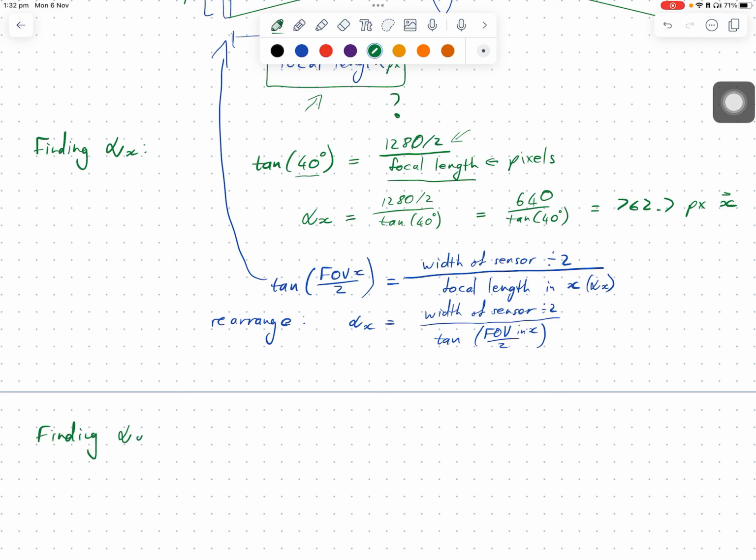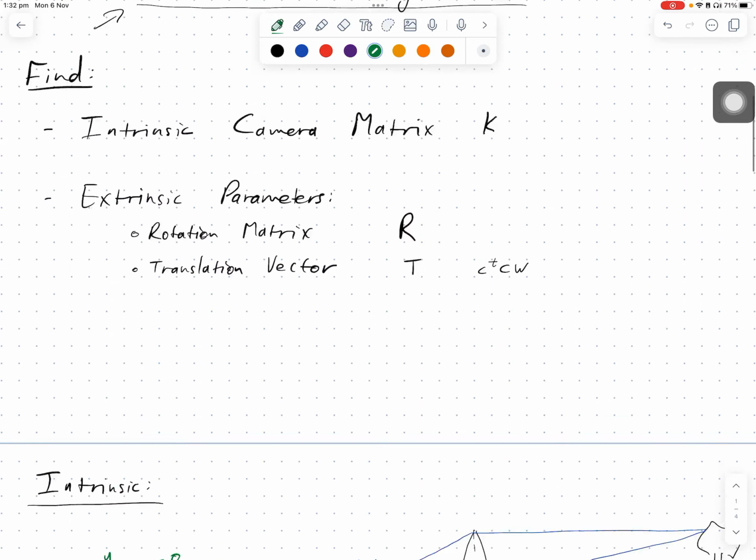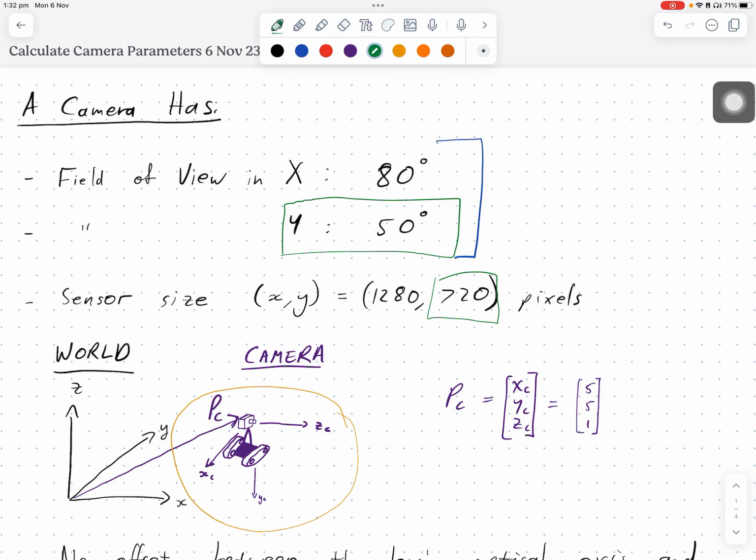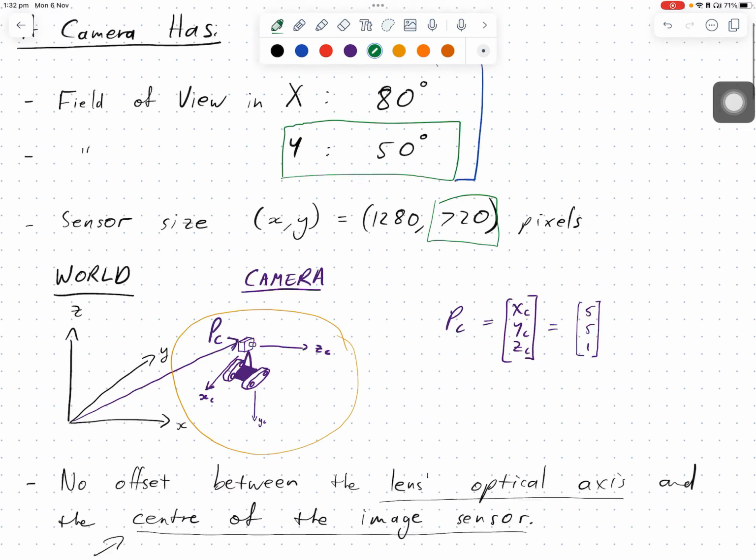Finding alpha Y, we put tan of the field of view in Y on 2 equals width, or maybe I should say height, since we're talking about Y. So height divided by 2, all divided by the focal length in Y, so alpha Y. Rearranging that, we get alpha Y equals, subbing in the numbers, our sensor is 720 pixels high, and we've got a 50-degree field of view.